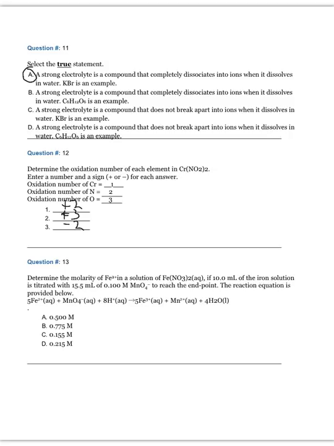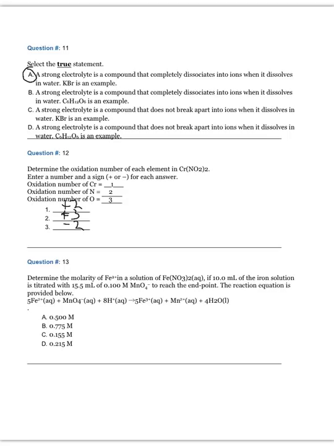Question number 13. Determine the molarity of Fe2+ in a solution of Fe(NO3)2 aqueous if 10.0 milliliters of the iron solution is titrated with 15.5 milliliters of a 0.100 molar MnO4- solution to reach the endpoint.